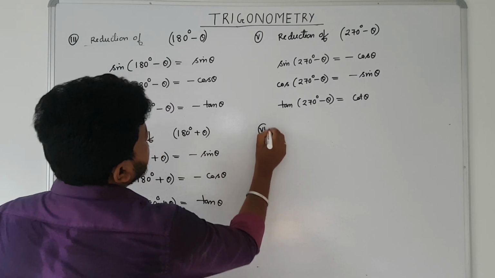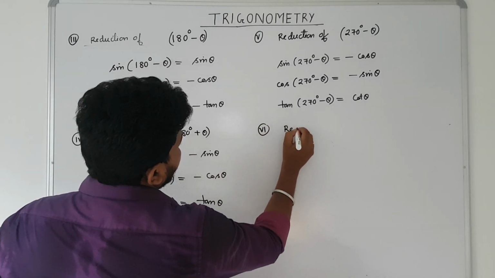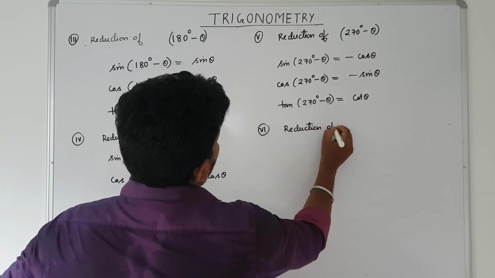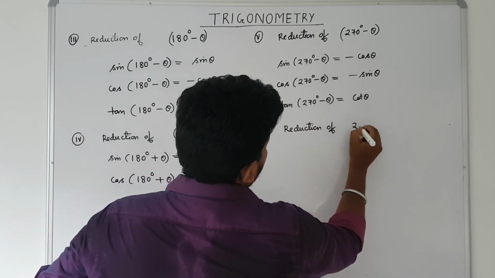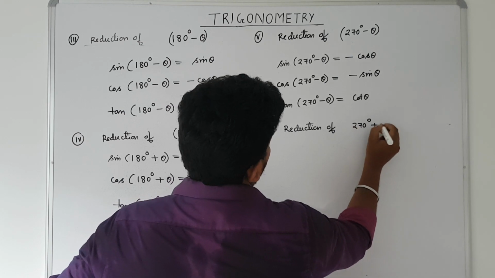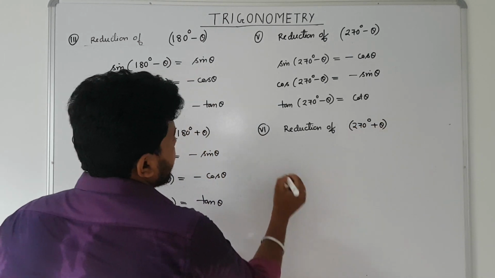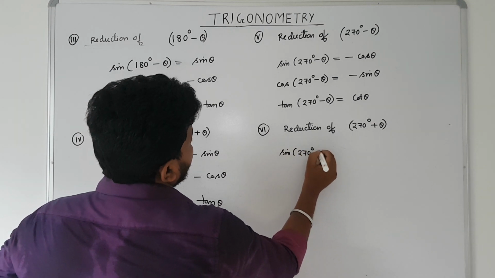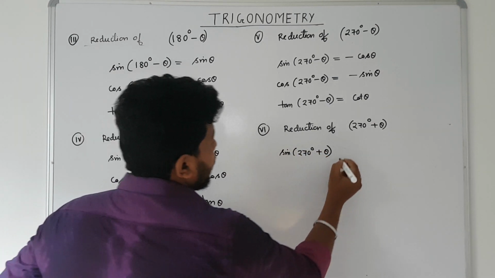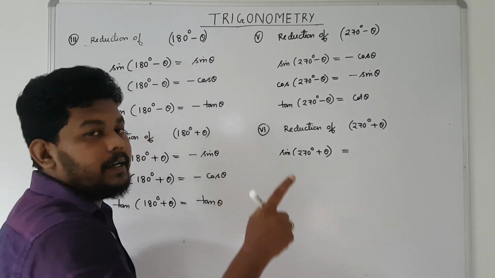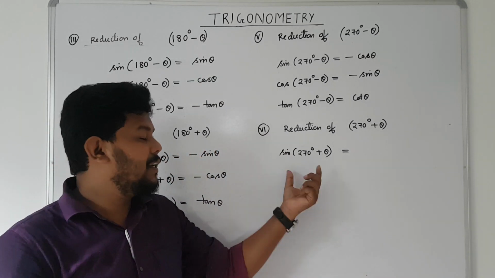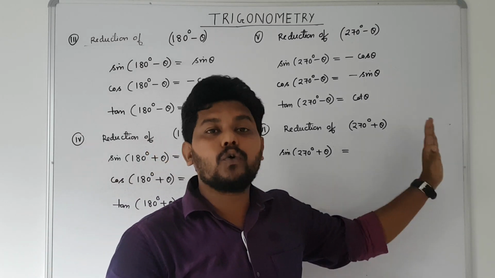Now number 6, reduction of 270 degree plus theta. Sine of 270 degree plus theta is equal to, now if I add theta with 270 degree, it reaches the fourth quadrant.